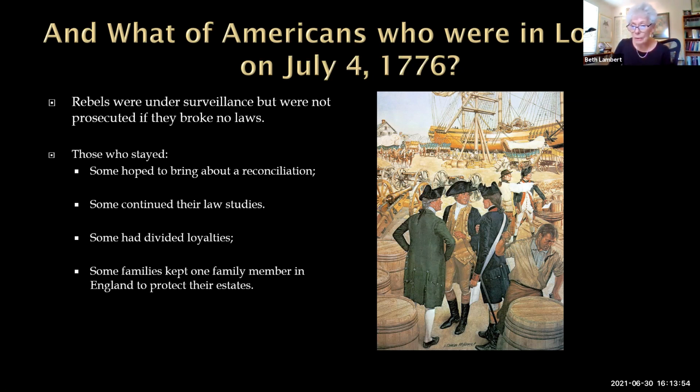Burke exchanged letters with Benjamin Franklin on the subject of independence and so on. Some had divided loyalties. They weren't too sure that this revolution was a good thing. And some families, interestingly, kept one family member in England to protect their estates.